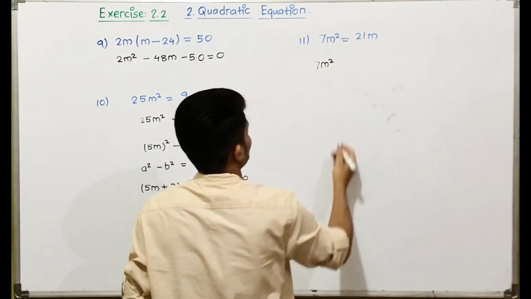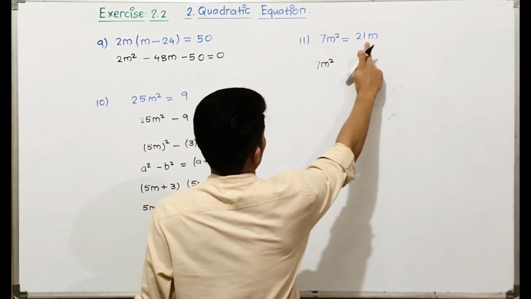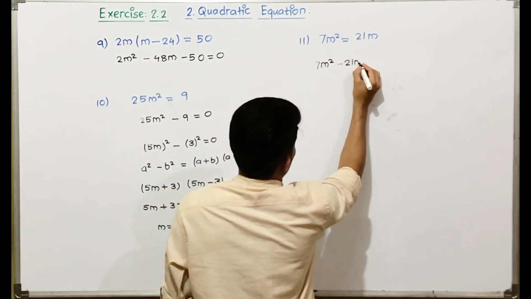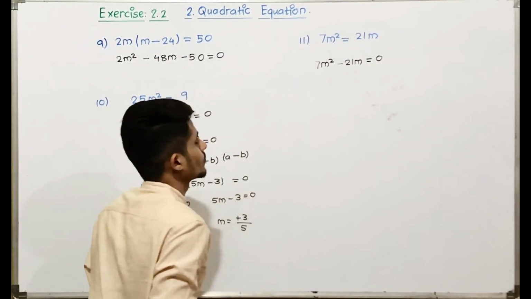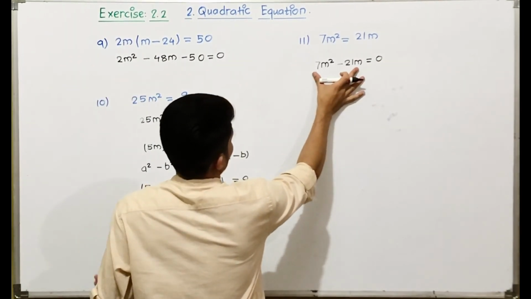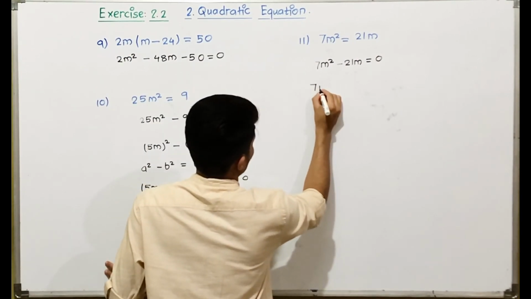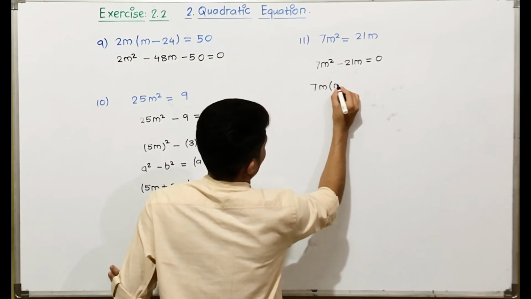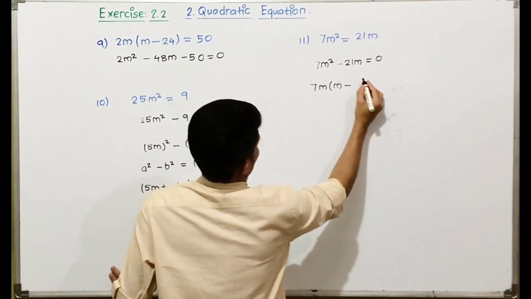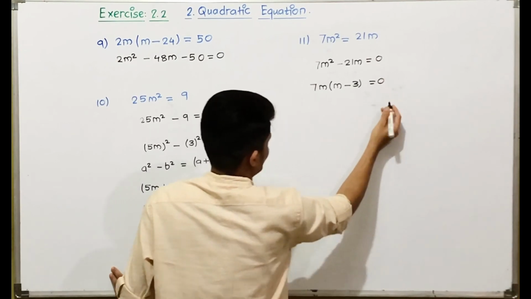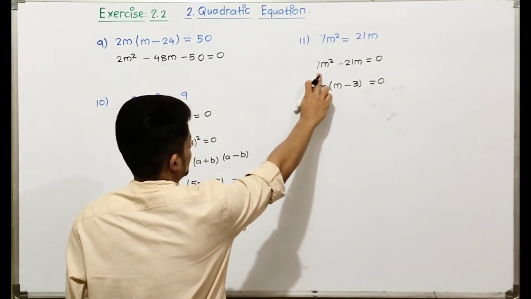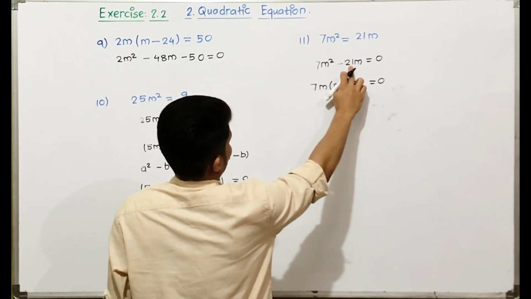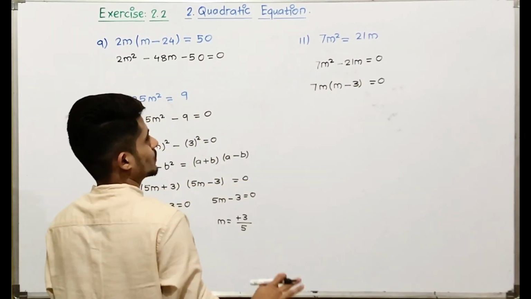7m square is equal to 21m. Plus 21m comes here, minus 21m is equal to 0. Now from this we can take 7m common. 7m common. So the remaining will be m minus 3 is equal to 0. 7m into m is 7m square. 7m into minus 3 is 7 3s are 21m is equal to 0.